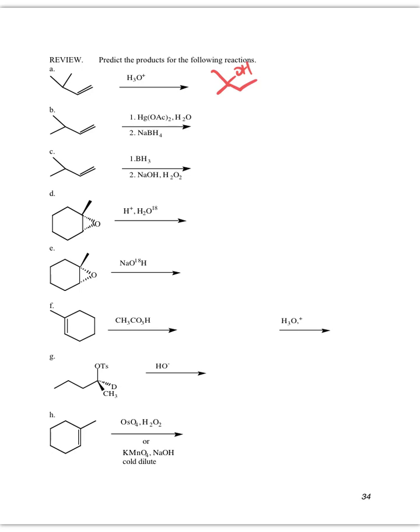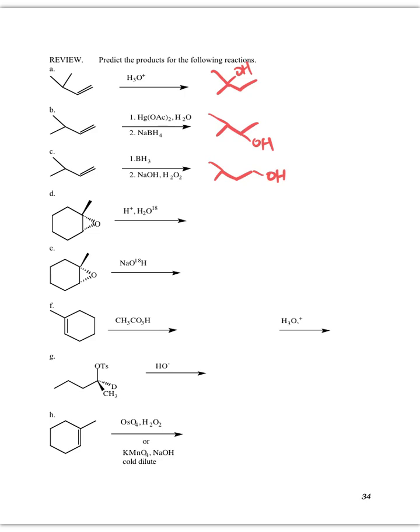And then the oxygen adds to the most substituted cation. We can form the tertiary one. In the second one, remember, mercury acetate doesn't rearrange, so it adds the oxygen to the more substituted carbon. The hydroboration puts the oxygen on the less substituted carbon of the double bond.